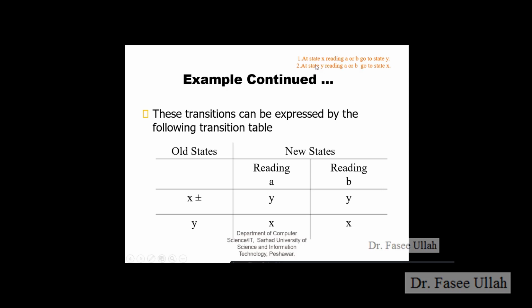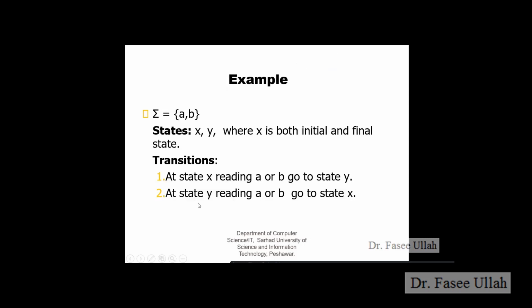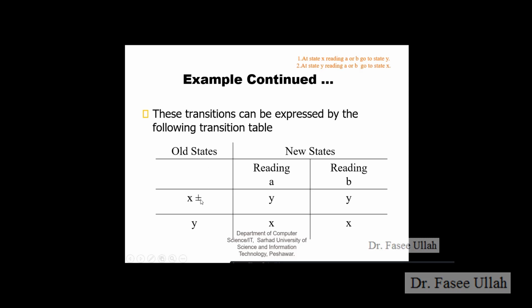the statements over here, a transition diagram. Okay, over here they say x is final in the initial point. This is why in the transition diagram, sorry, in transition table we have placed the plus minus as well. Okay, so over here they say at state x reading a and b and then reach to y. Okay, so here we have y.